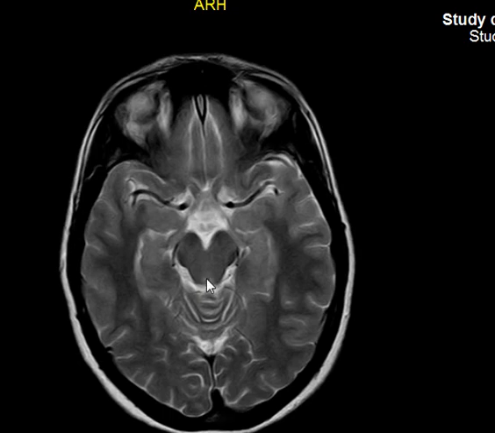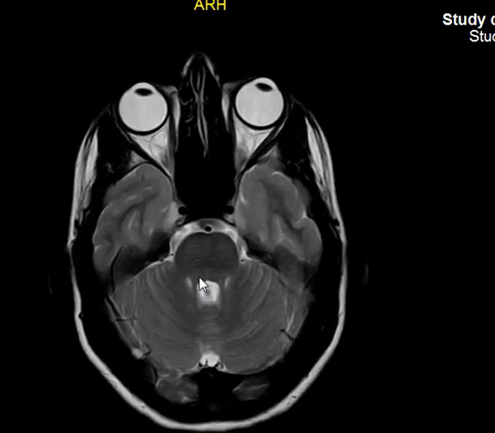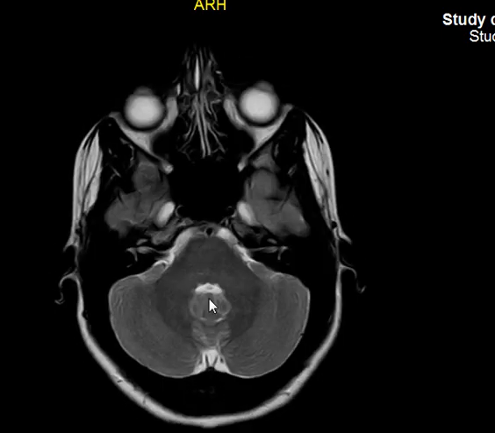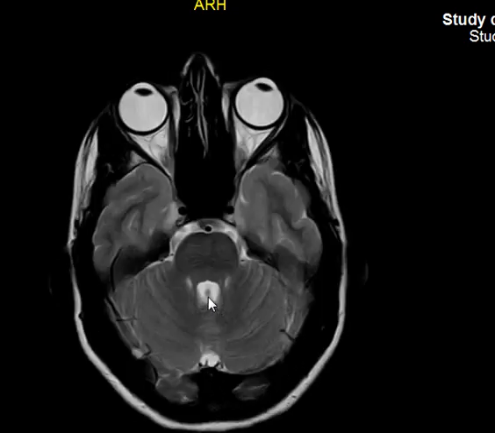It's here, okay? The cerebral aqueduct of Sylvius is a very, very thin duct that transmits the CSF from the third ventricle to the fourth ventricle. This one, the fourth ventricle, okay?